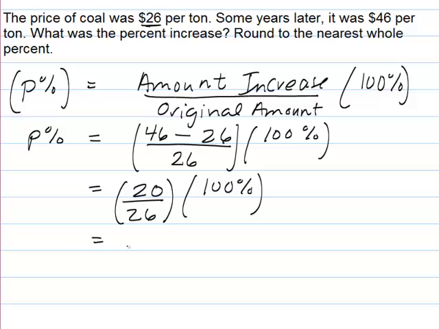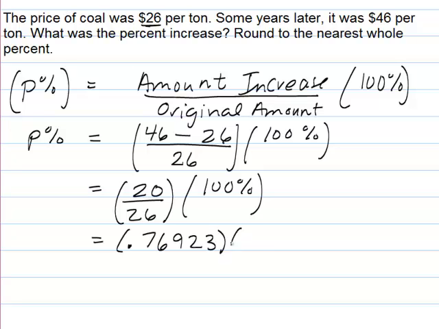20 divided by 26, I'm having trouble with my calculator. It is 0.76923.